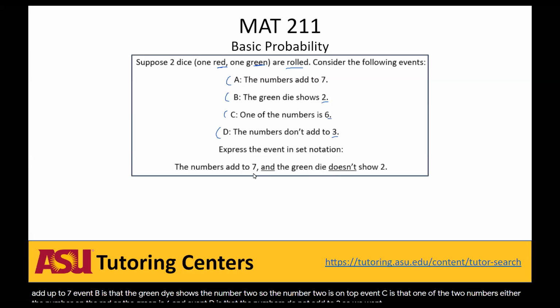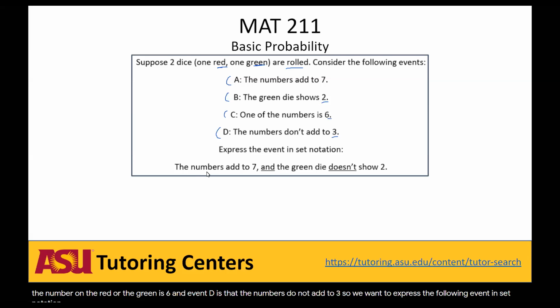So we want to express the following event in set notation, that the numbers add to 7 and the green die does not show 2. So let's start by considering the first condition of our event.